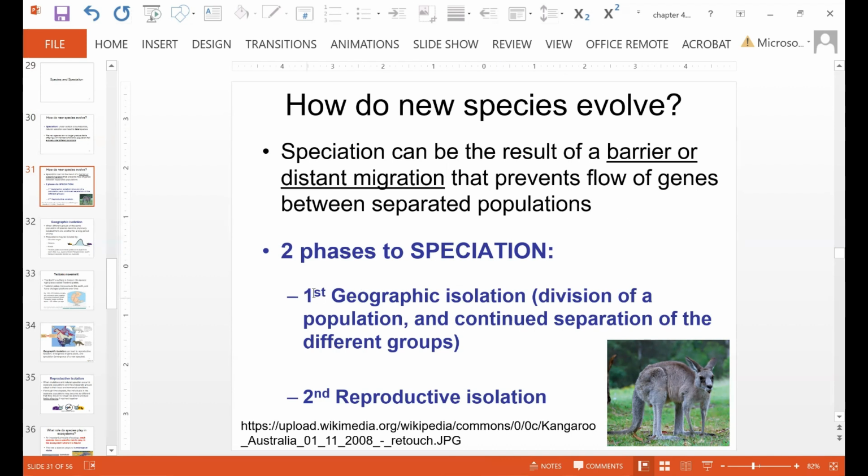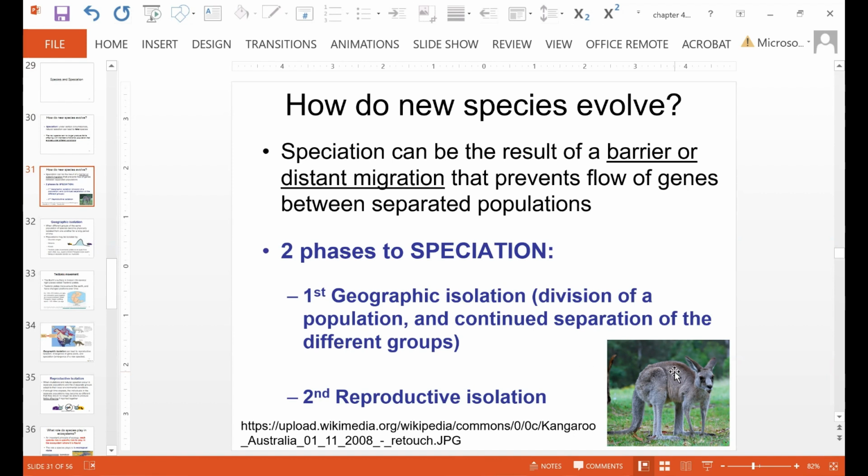And that is the first phase of speciation, geographic isolation. So you divide a population and you continue to separate the different groups. And the second phase of speciation is reproductive isolation.